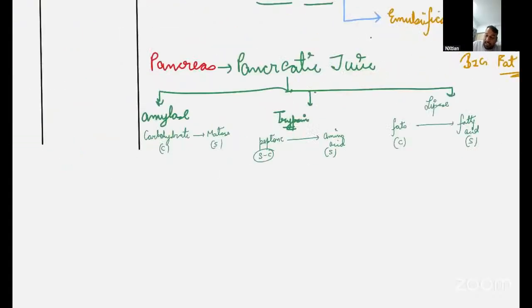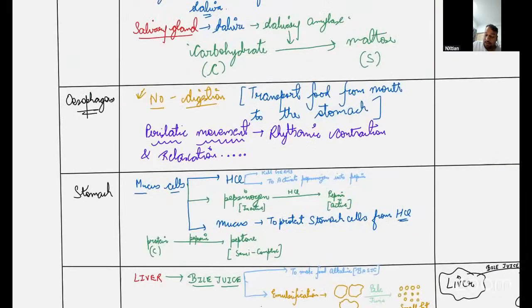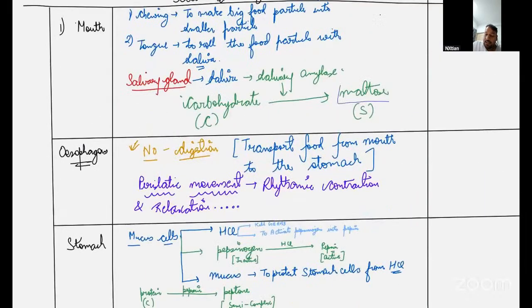So now these compounds can be absorbed by our body. Maltose is absorbable, amino acid is absorbable, and fatty acid is also absorbable. Are you getting this? Say yes or no. Yes.